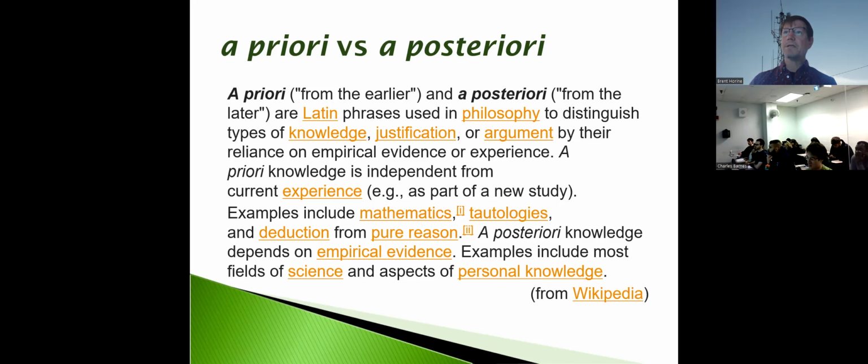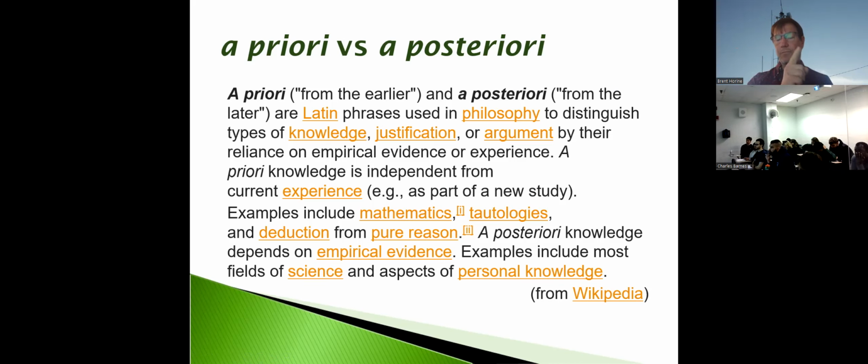Because we're dealing with knowledge here, we're trying to understand what information is being transmitted. A priori knowledge is independent from the current experience, so it is not a factor of what we're observing. We know it a priori.